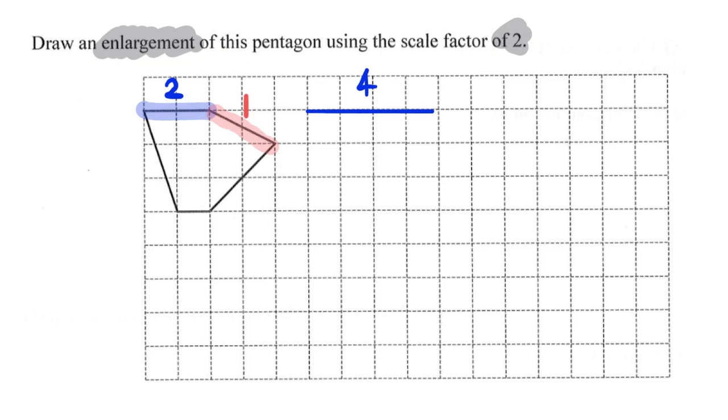Let me just adjust my ruler. Okay, 1 diagonal between 2 squares, 2 diagonals between 2 squares, and stop there.